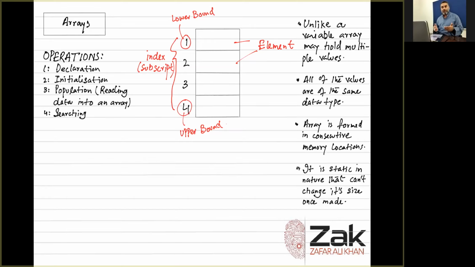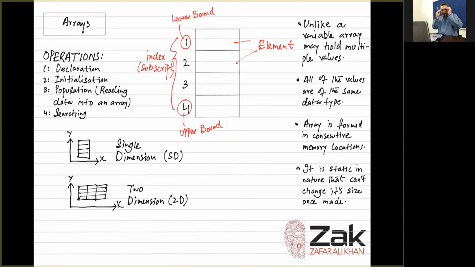You cannot change the size of an array during the execution of program. This is called static. There are other data structures like linked lists and binary trees where during the execution of program you can make their sizes bigger or smaller on the go.